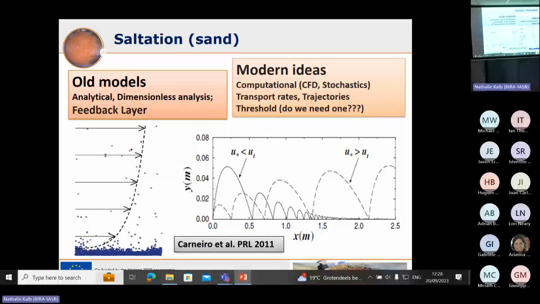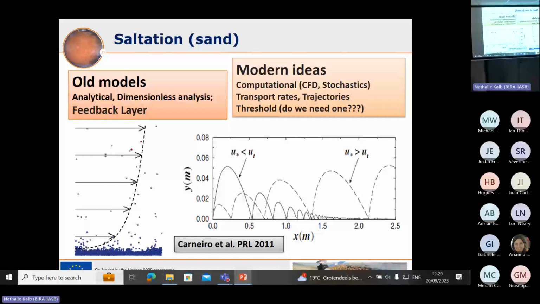The conventional view is that you use this dimensionless analytical analysis, and the model is based on a kind of cool idea that as you blow wind on a sand bed, you can start to entrain sand grains, and the sand grains get accelerated by the wind, but they also slow down the wind flow. So there's what's called a feedback. The sand is slowing the wind down, and the wind is accelerating the particles.